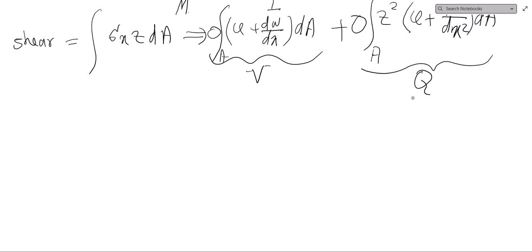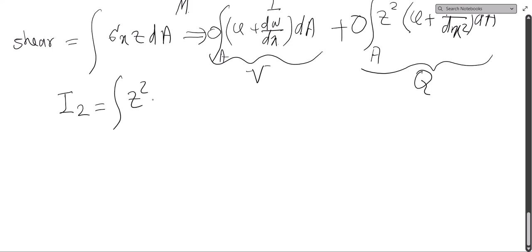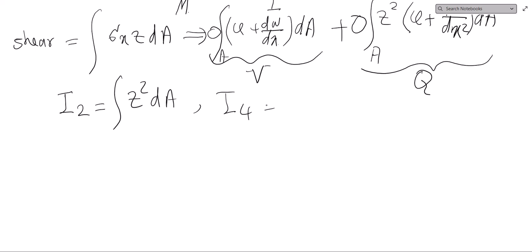Okay, so to have a complete set here, come here and define I2 as z squared dA, I4 as z to power 4 dA, because we get I4 as I mentioned, and I6 as z to power 6 dA.